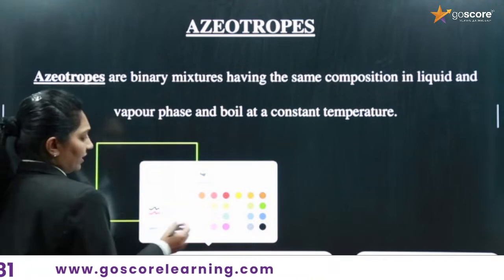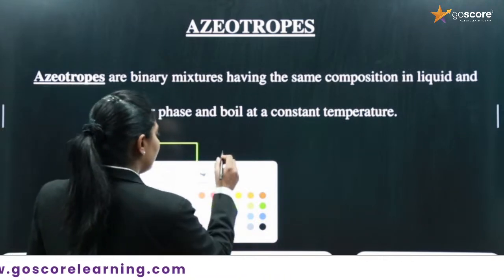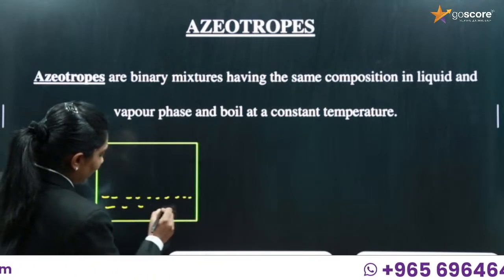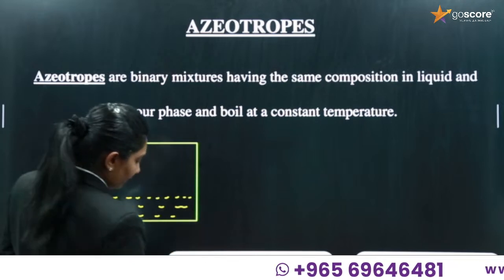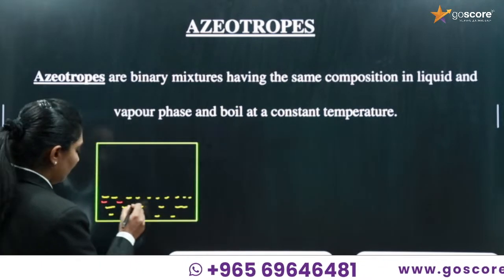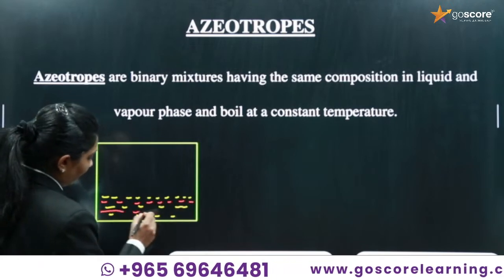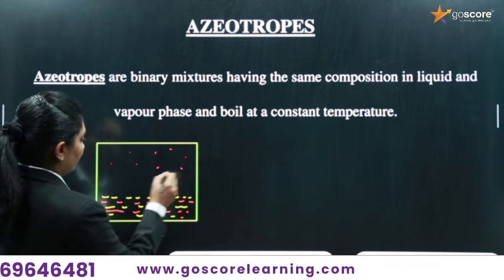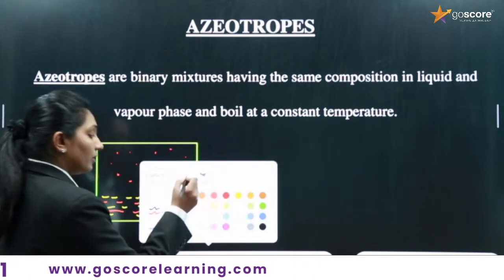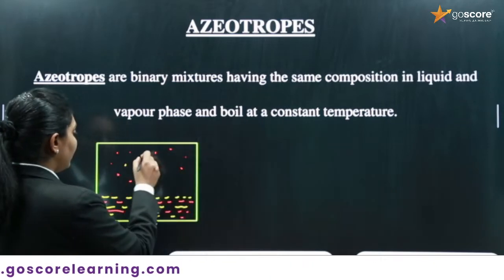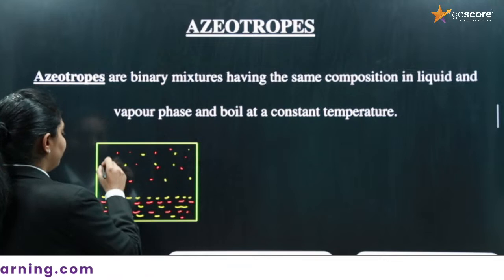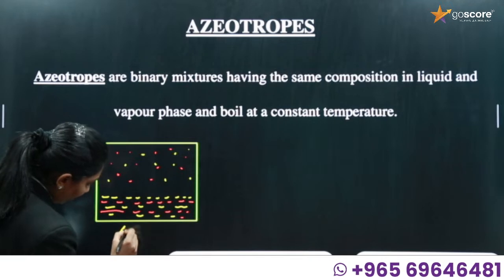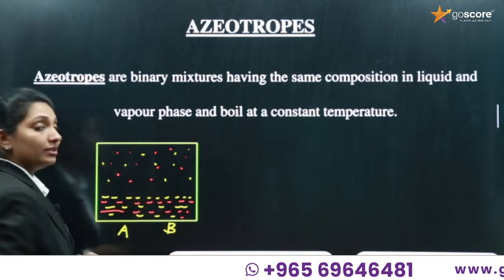Say we take the components A and B. Since they are volatile solution components, they will produce vapors, right? So here we have the components A and B.